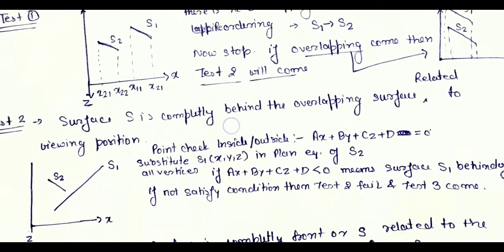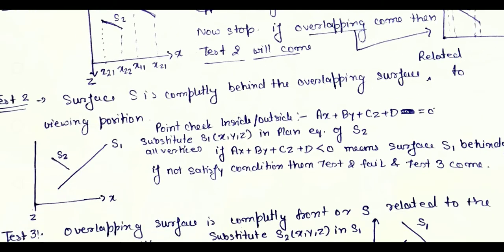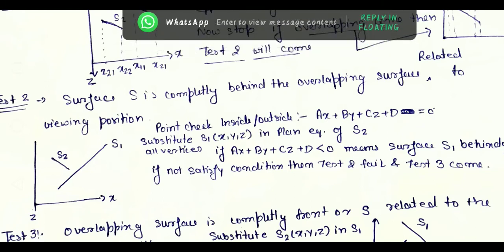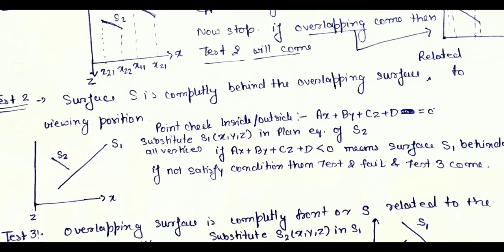Then what does test 2 say? Consider whether the surface is completely behind the overlapping surface relative to the viewing position. Here S2 is completely behind S1.